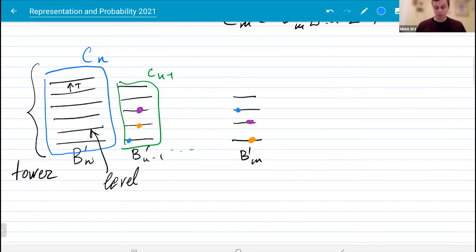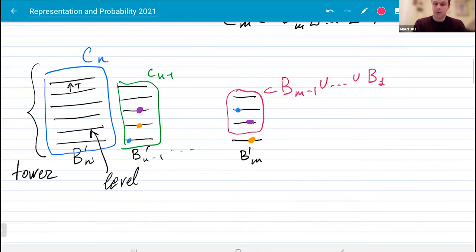This is not possible because all these levels belong to bm minus 1 and so on to b1.